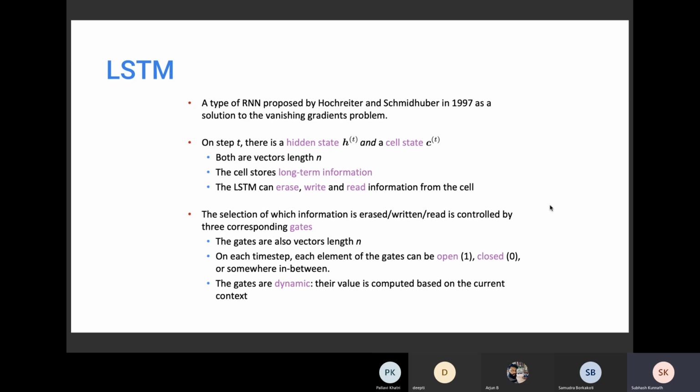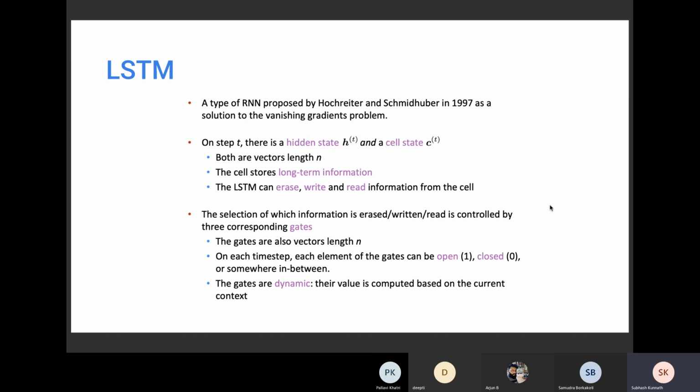The gate is closed for that particular element, and the value can be between 0 and 1, so you can pass only certain amounts. It's like giving a weight to each of these elements in the cell state, or for the input or the hidden state.